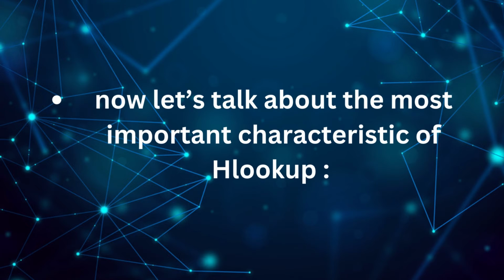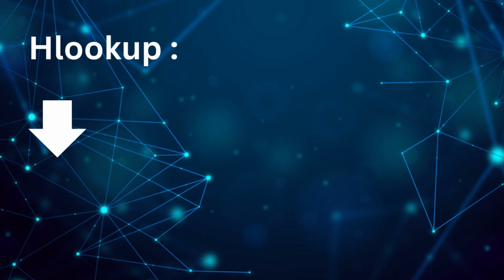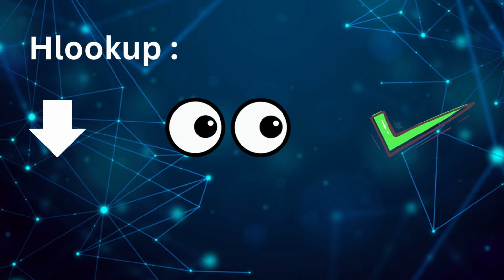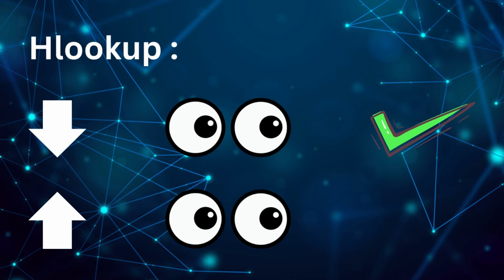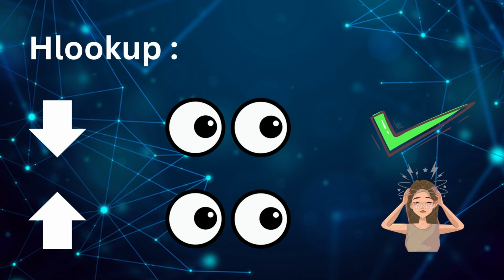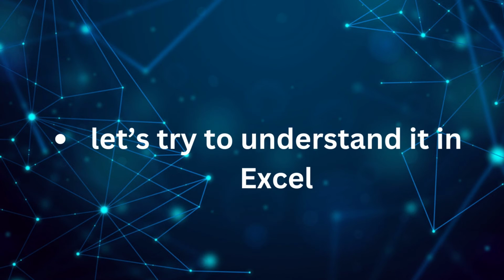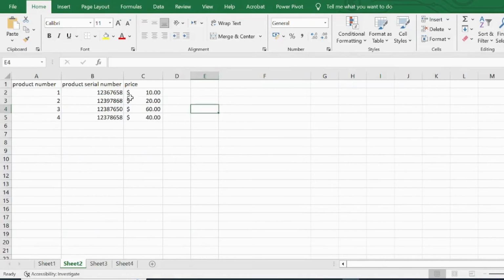Now let's talk about the most important characteristic of HLOOKUP. HLOOKUP looks for the wanted value from up to down, not from down to up. It will give you an error message. Let's try to understand it in Excel. For example, I want to get the first value based on knowing the third as a lookup value.